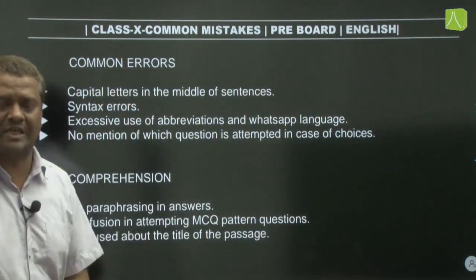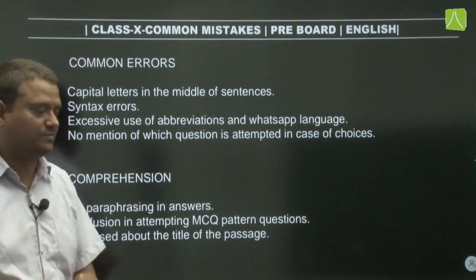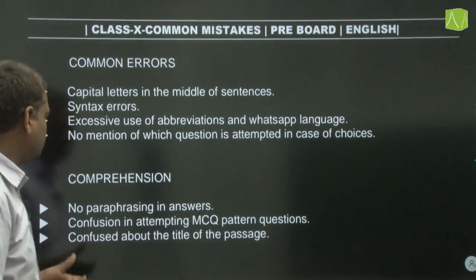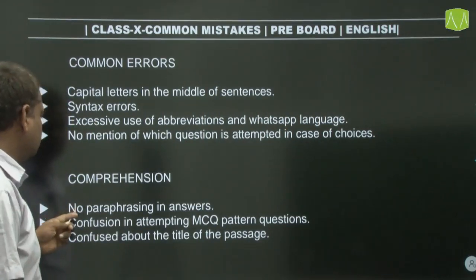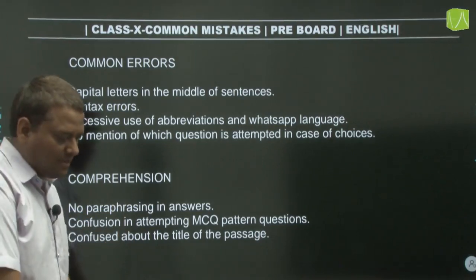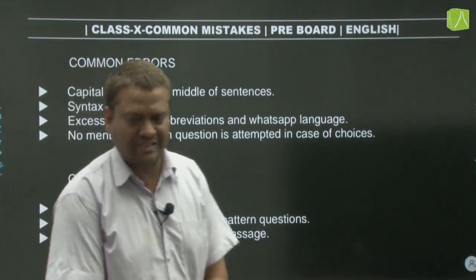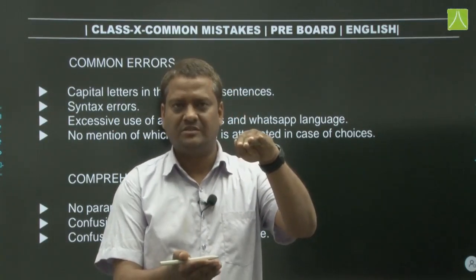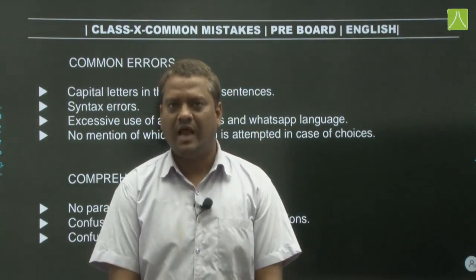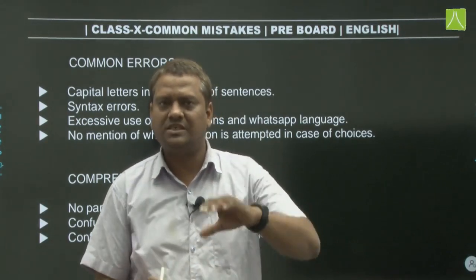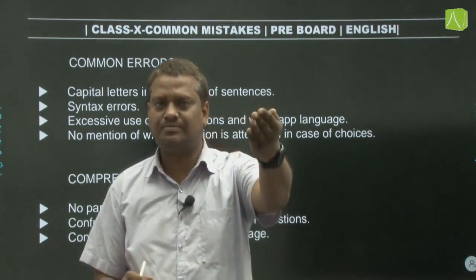As we are talking about Section A, reading comprehension, what are the errors there? No paraphrasing in answers. What is paraphrasing? For example, we have an unseen passage in the question paper and we have a question, and the answer is written as it is in the passage.